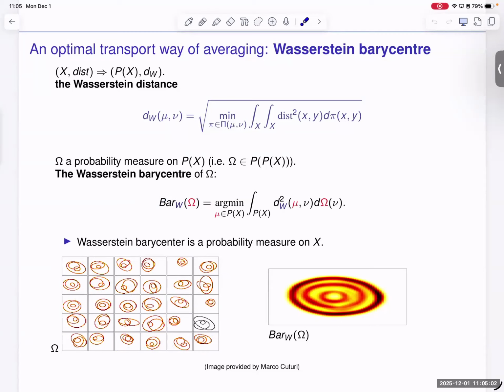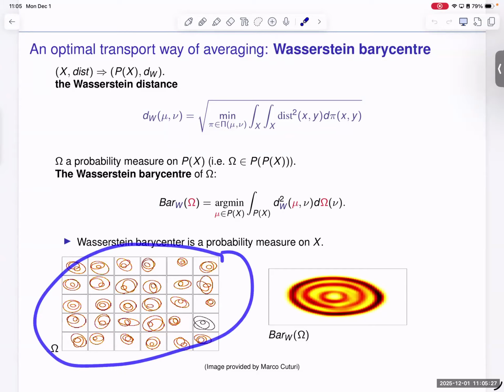And you can consider the Wasserstein barycenter by just considering each image as a probability measure on the space, the 2D space in this case. Then the Wasserstein barycenter gives this very nice feature, which looks like some kind of geometric average of these shapes.